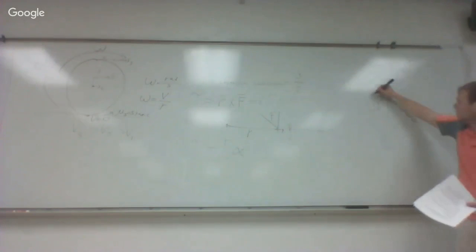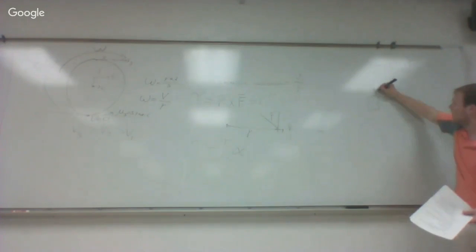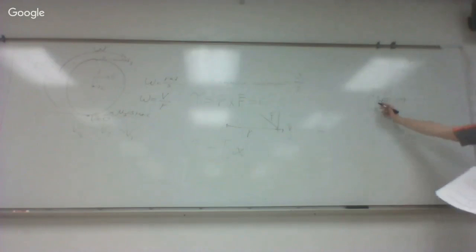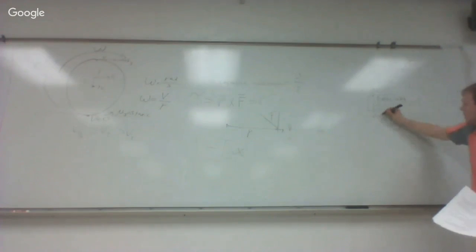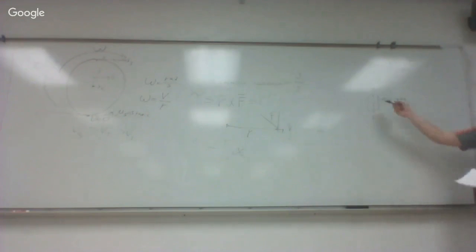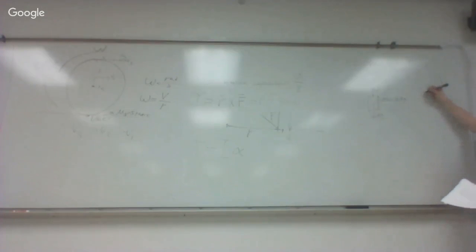So as this moves, remember a couple of things. You have mass and gravity, mg. Forces on this body. Actually, let's kind of draw this out. So forces. That would be the mg.